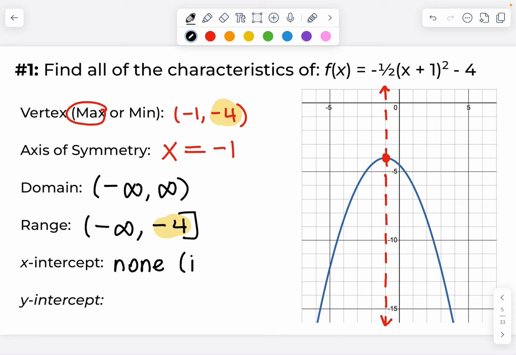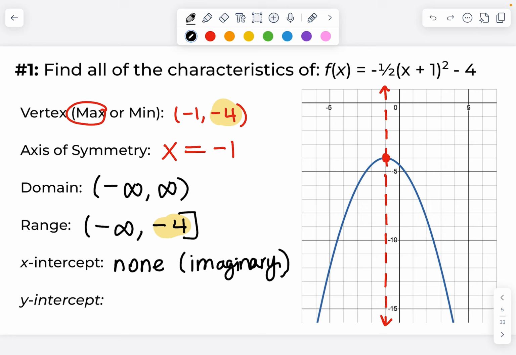These x-intercepts are imaginary. If we solved this formula right here, where we plugged in a 0 as our y value and then solved for x, we would get some imaginary value. So we have no x-intercepts because they're imaginary.